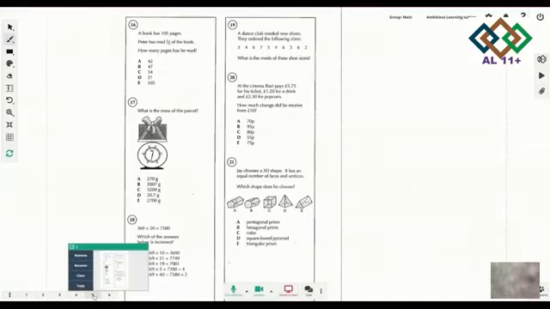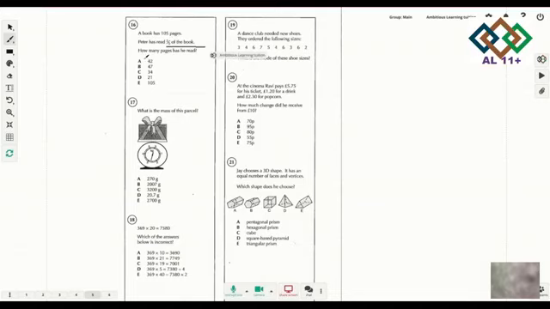So let's move on to number 16. In number 16, they were just asking you, a book has 105 pages. Peter has read 2/5 of the book. How many pages are left? You just needed to calculate 105 divided by 5. That gives me 21. We will divide it by 5 first, then we'll multiply it by 2.